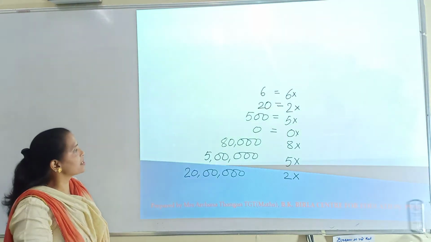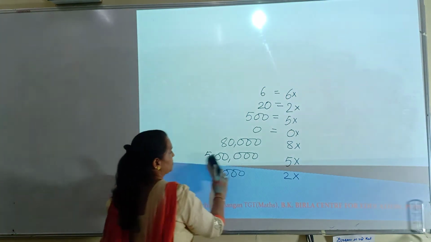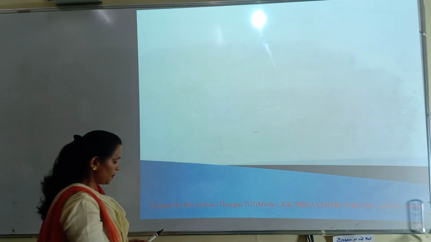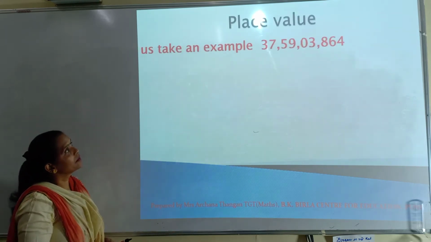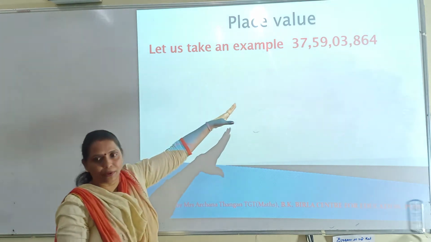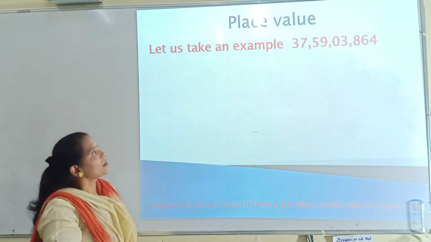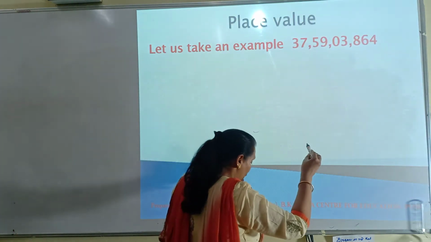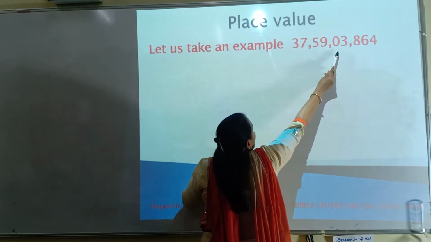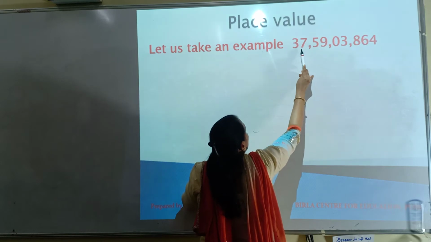Let's try one more example. We have to find the place value of each digit of this large number. How many periods are there? There are 4 periods: the ones period, thousand period, lakh period and crore period.